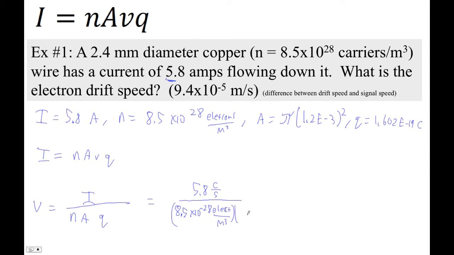The area is pi times 1.2 e minus 3 meters, squared. And then q is 1.602 e minus 19 coulombs per electron.